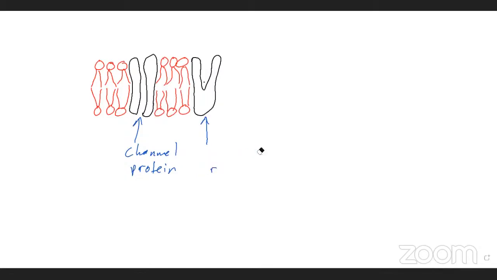Just write it. What else do I need to put on this drawing that is within the membrane? The cholesterol. All right. Let us draw some more.